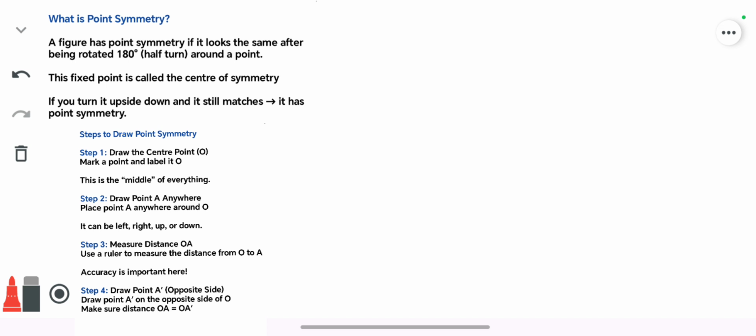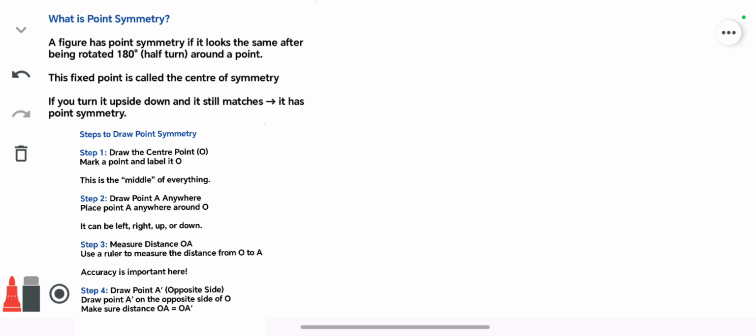Step number 2 says draw point A anywhere, and place point A anywhere around O. It can be left, right, up, or down. Step number 3 says measure the distance OA.